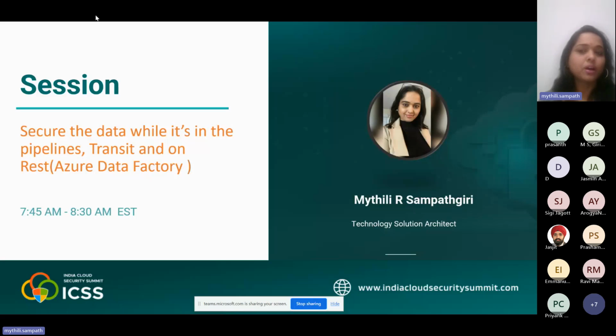Of course, every customer and organization asks: I'm moving all my data into the cloud, is it secure? This is the first question they ask. I'm going to share my databases and data with you because you have to process it and give me insights. Is it secure? I have a lot of confidential information, strictly confidential.